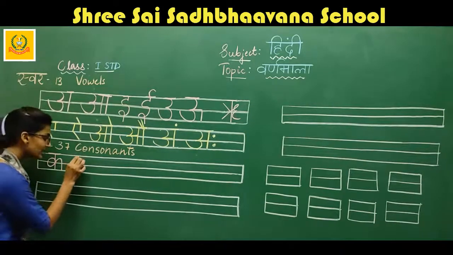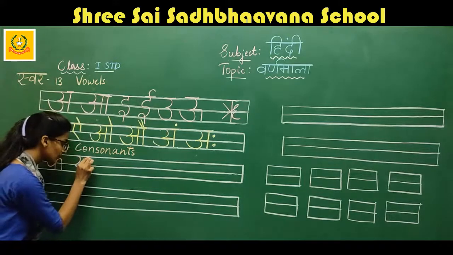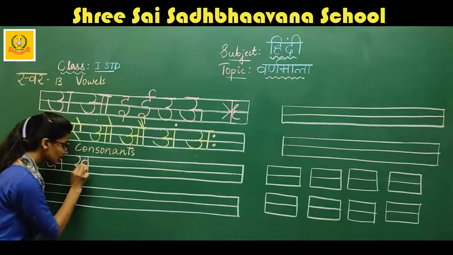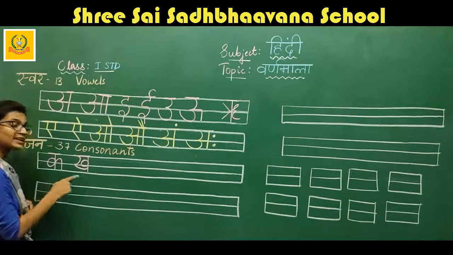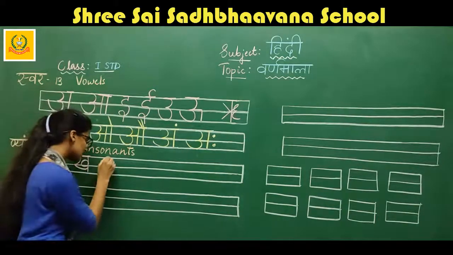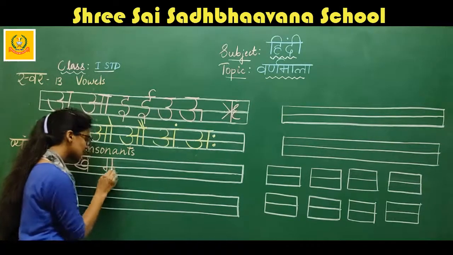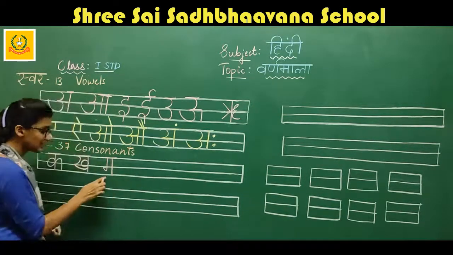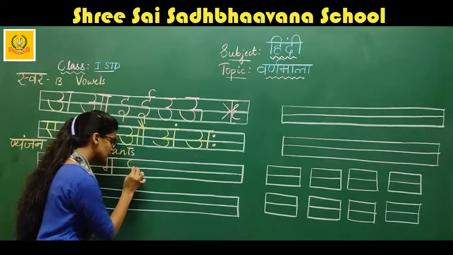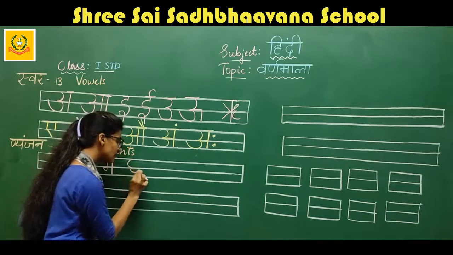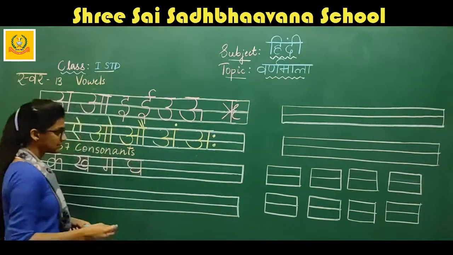What did we learn next after ka? Second, kha. Kha. What is this? Kha. Next. Gha. Next ga. One small curl, one standing line and sleeping line.